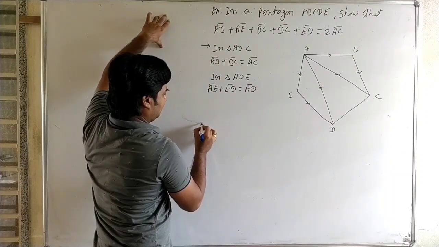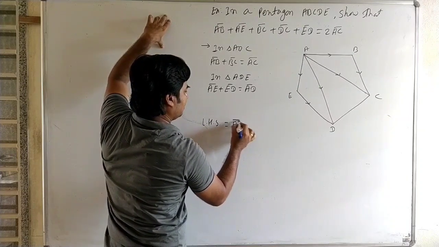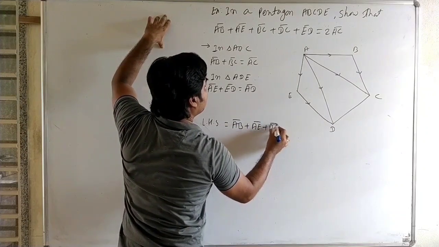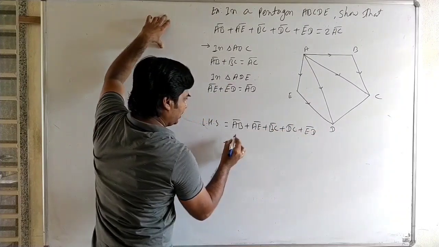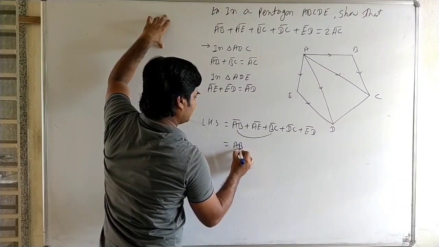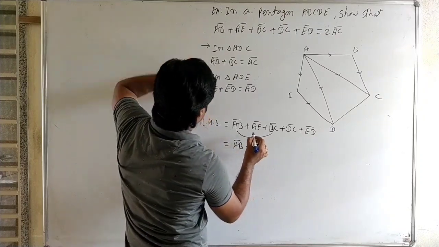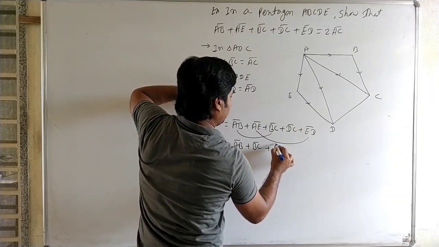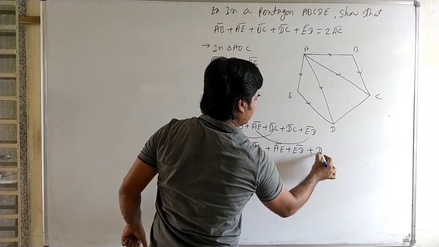Now LHS: AB plus AE plus BC plus DC plus ED. Here AB plus BC, and AE plus ED, that is AE and AD, plus the remaining DC.